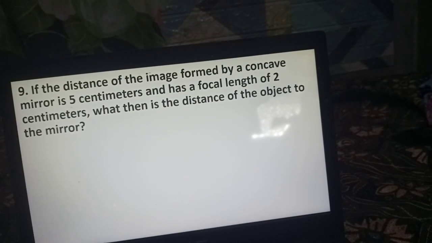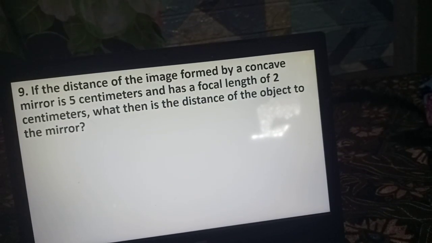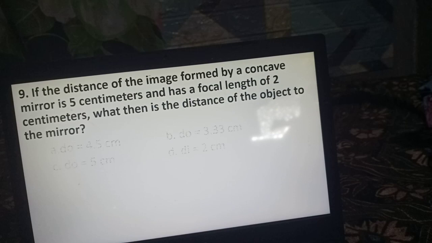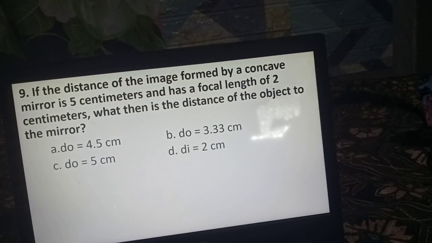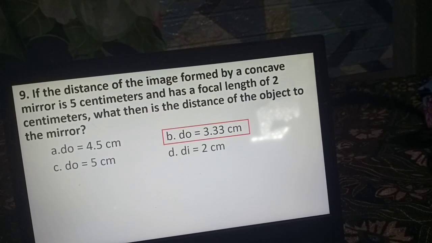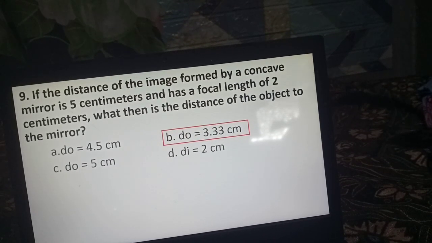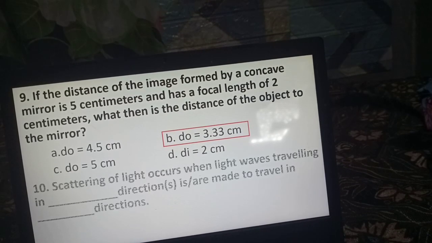You will use 1 over f equals 1 over di plus 1 over do. So we have here letter B. DO or distance of the object is 3.33 centimeters.